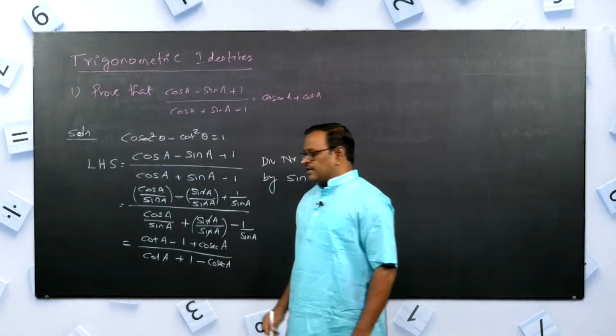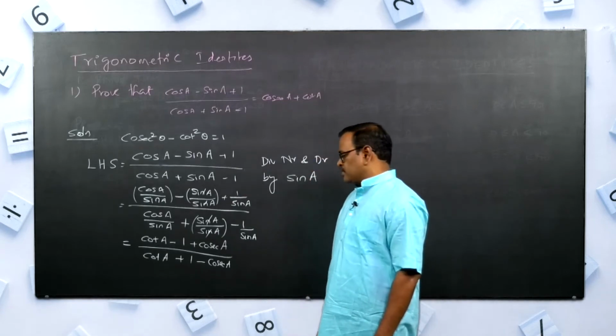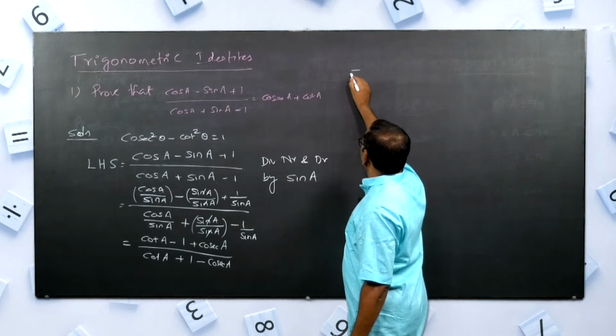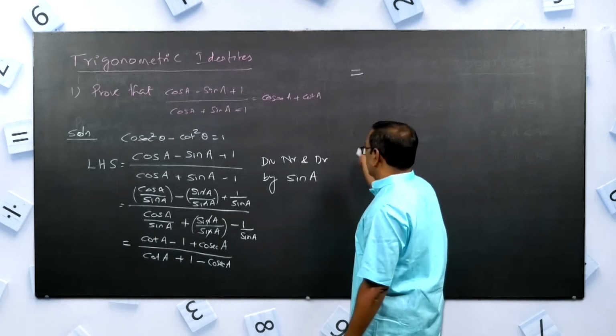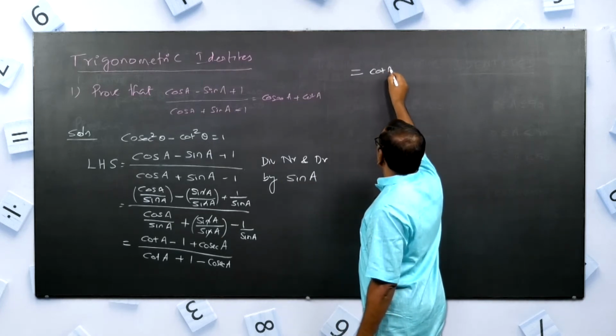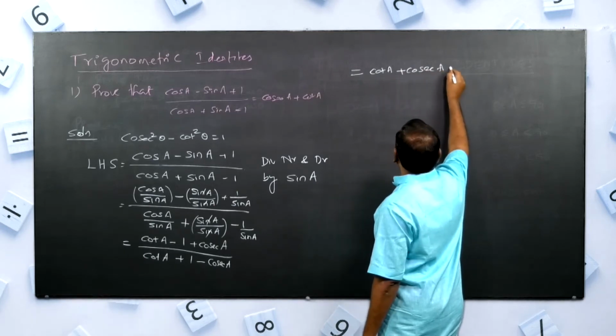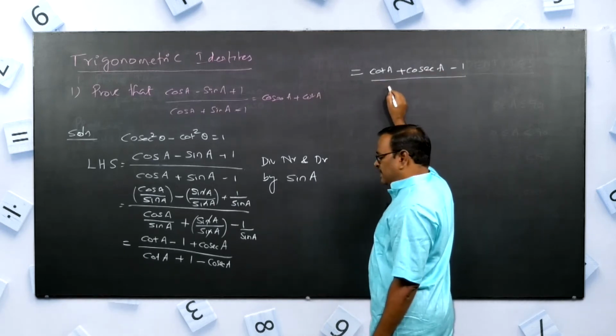This is itself one 3 mark question. Rewriting the numerator: cot a plus cosecant a minus 1, by the denominator as it is.